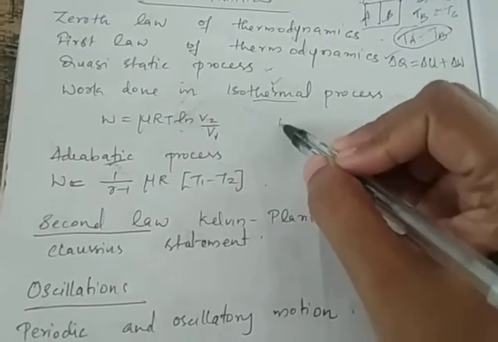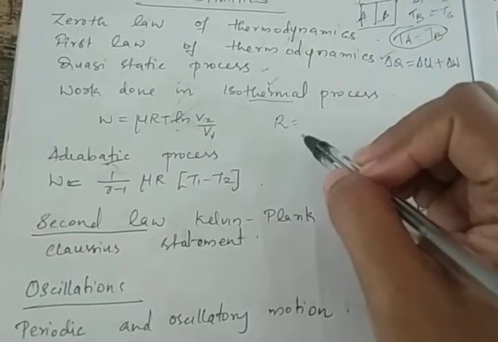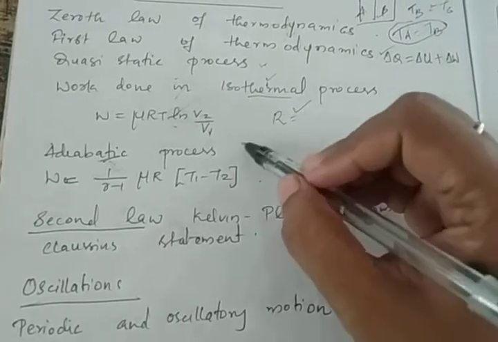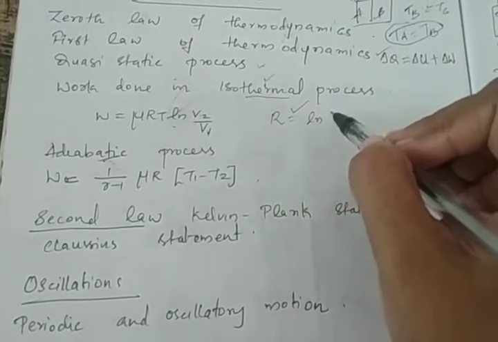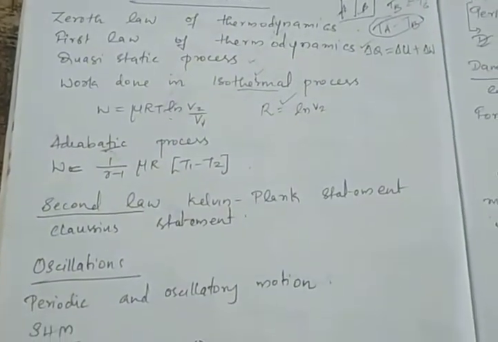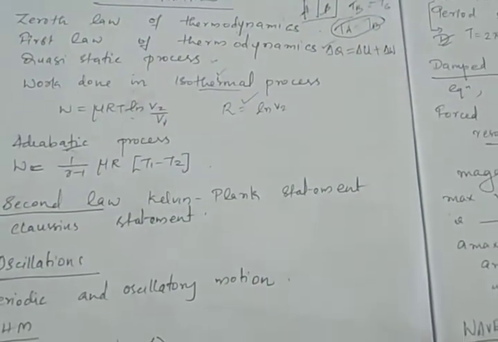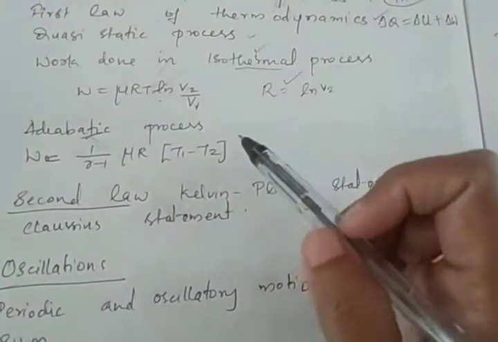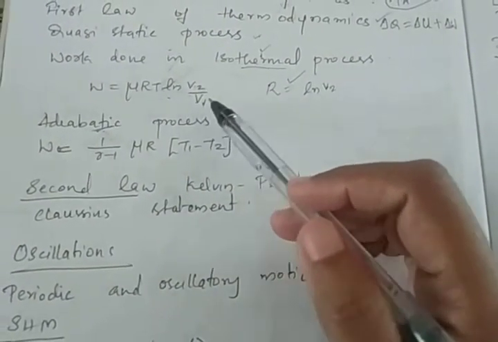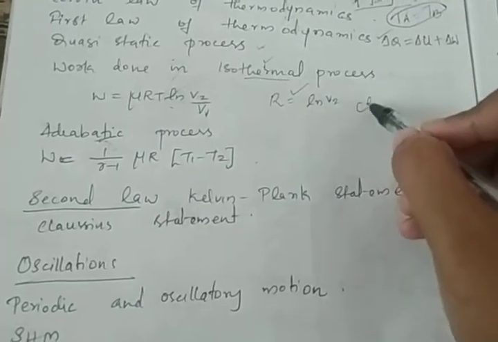So for that you know R is the universal gas constant. So you must study the value of capital R, and also you must know to calculate the logarithm values of V2 and V1. So values will be given for V2 and V1, and you must know to calculate the logarithmic value of V2 by V1. So for that you buy a Clark's table.